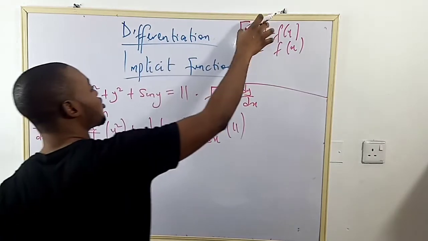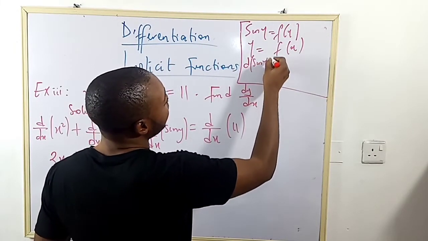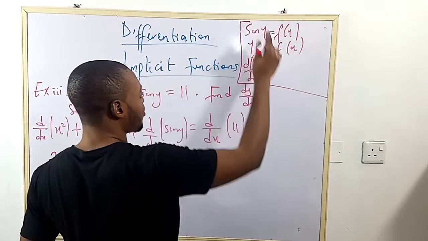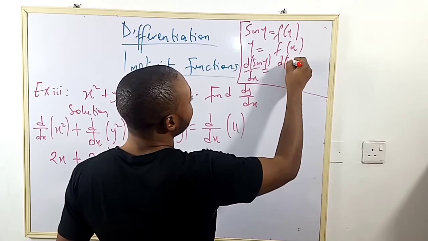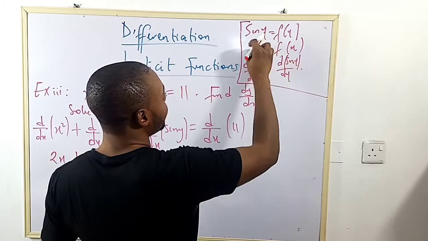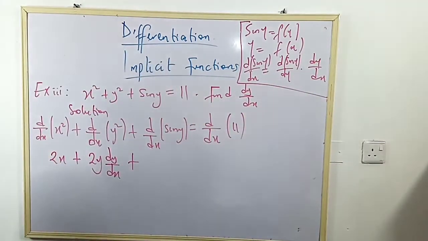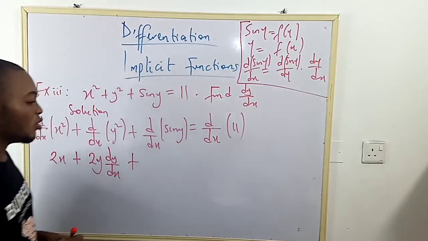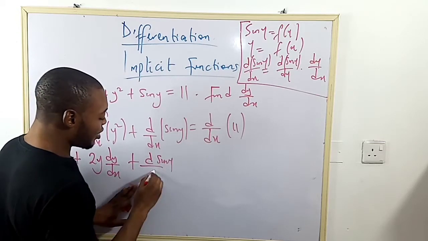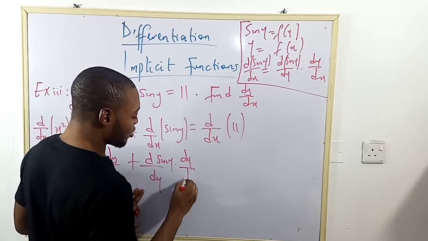So the derivative of sine y with respect to x: first you differentiate sine y with respect to y, d of sine y dy, times you differentiate y with respect to x, dy/dx.